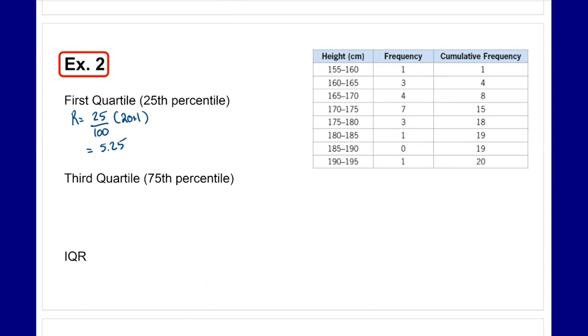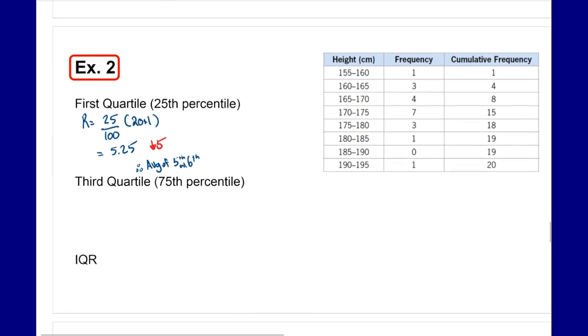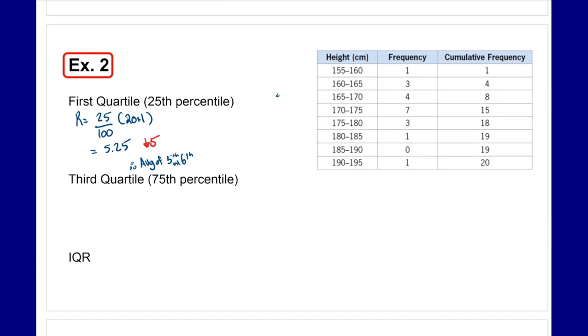That tells us we have to round down to 5, and therefore take the average of the 5th and the 6th data points. If we look at this, they both fall within this interval, the 165 to 175. So those two fall under that category.